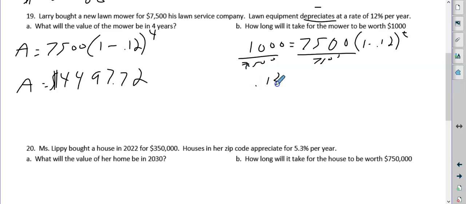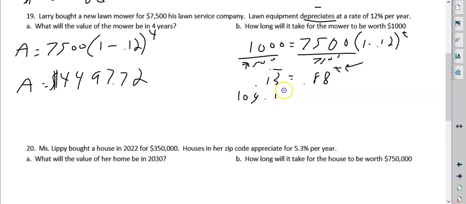It ends up being 0.13 repeating. And 1 minus 0.12 is 0.88 to the power of t. Okay? And now what we do is we're going to log both sides, because we're trying to find out what's up here in the exponent.